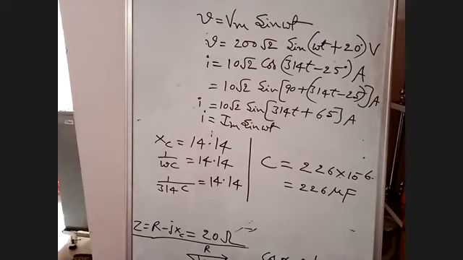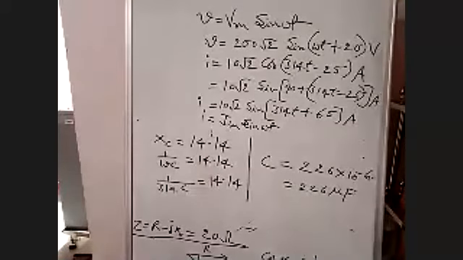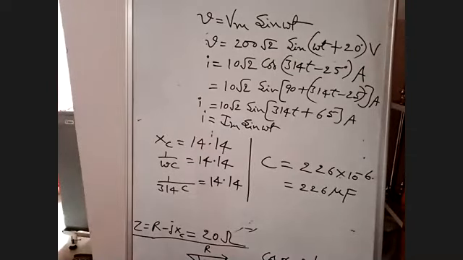That is the value of C. Are you getting 226 microfarad? 225 comes. Okay, no problem. 225 point something you will get. Approximately it is 226 microfarad.